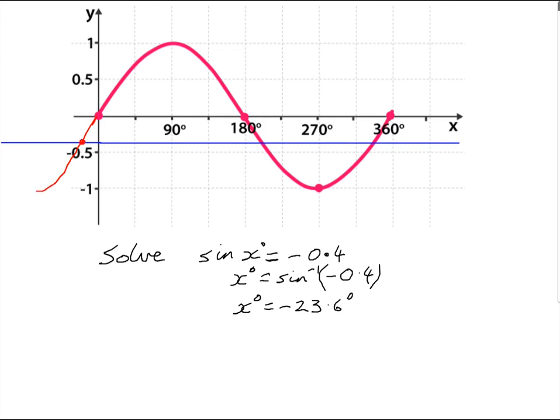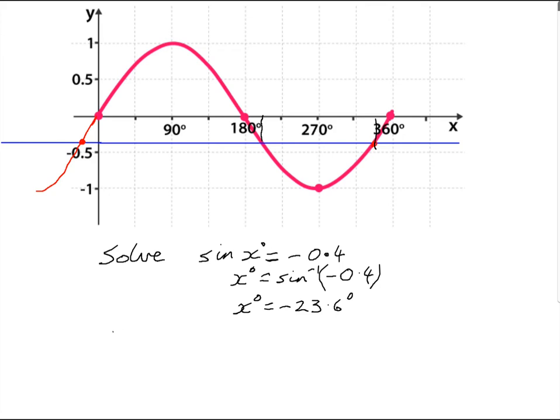But that's not one of the solutions we want. But what it does do is it tells us that, in effect, that's also this solution over here, nearly 360. So we're going to have a solution here, and we're going to have a solution here.